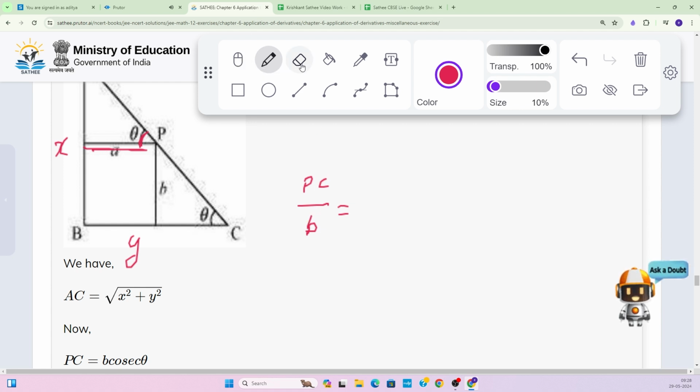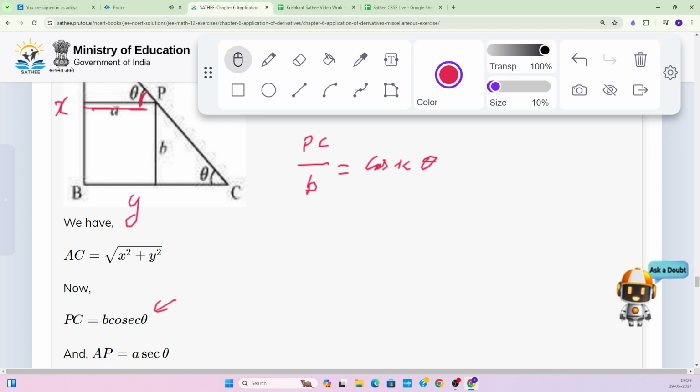Okay, so you know that hypotenuse by perpendicular, it is cosec theta. So this is what already written over here. After cross multiplication, PC will be B cosec theta. Okay, we just use the simple ratio format.